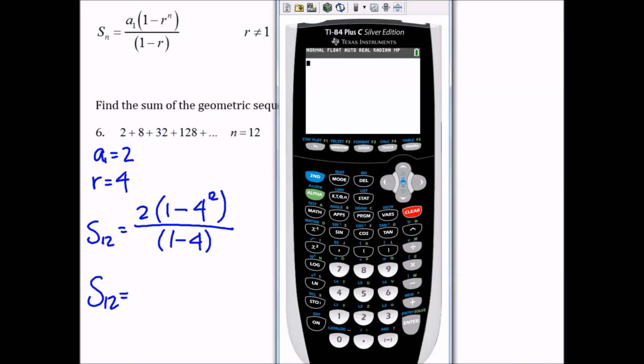And then let's just plug it in the calculator. So we have 2 times 1 minus 4 to the 12th over 1 minus 4.